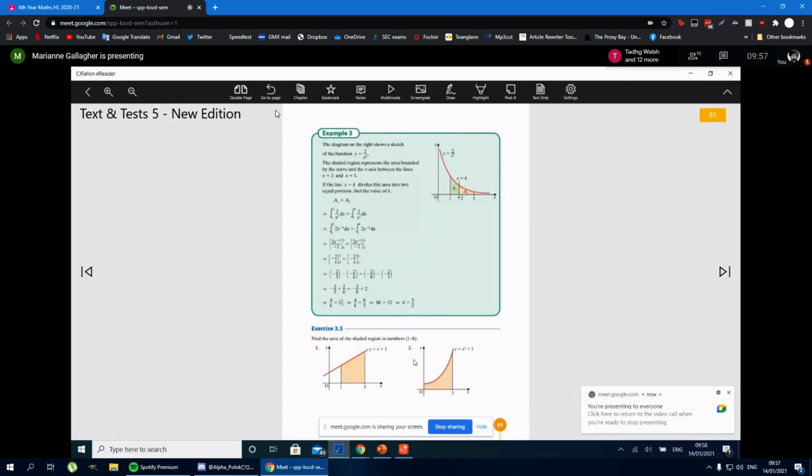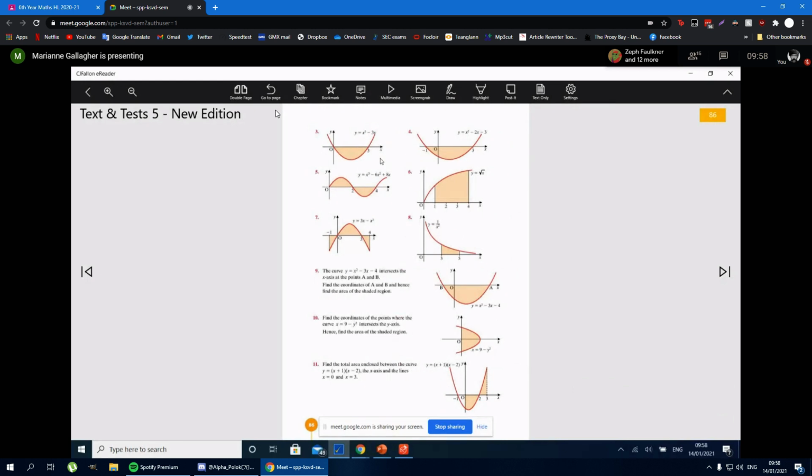So we're going to do question 2, question 4, so 2, 4, 5, 7. And see the way 7 has 3 different parts?